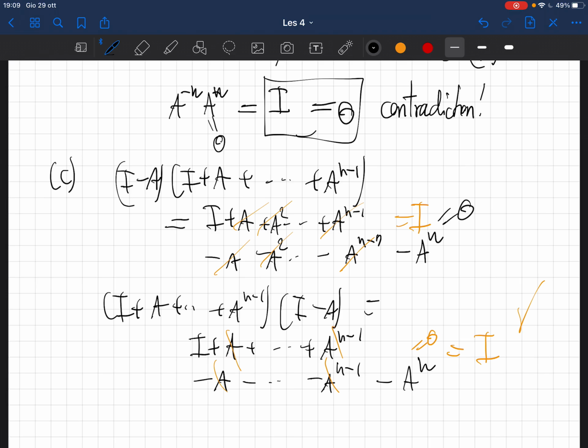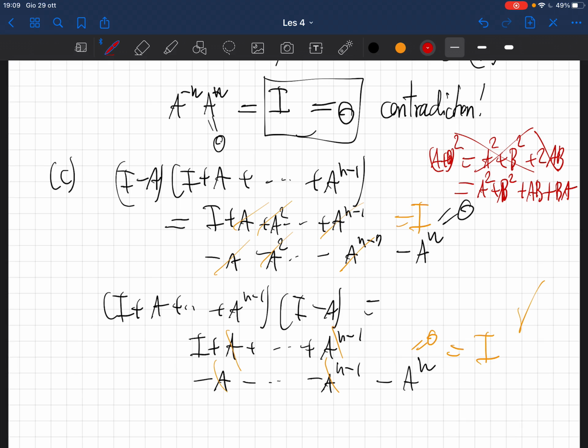I say again, just be careful that you don't have commutativity. So, for example, you can't say something like A plus B squared is A squared plus B squared plus 2AB. This is very wrong. Instead, what is true is that you'll have A squared plus B squared plus AB plus BA, and AB plus BA will not be in general 2 times AB. They are not numbers, they are matrices, they are different.